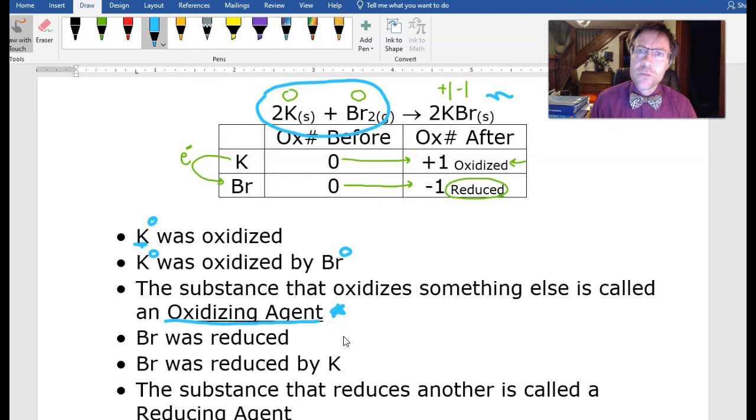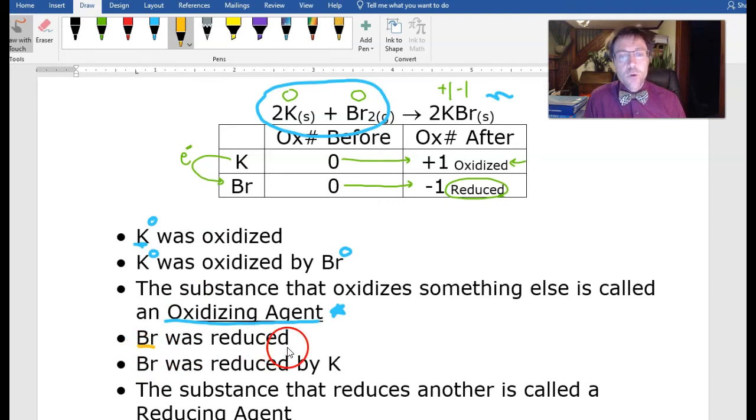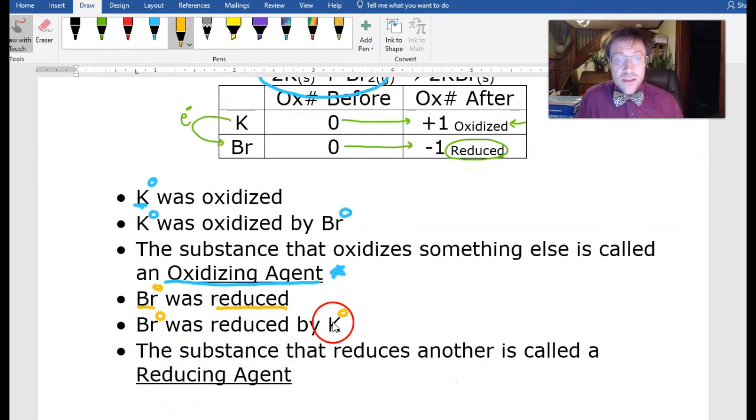And same thing for the reducing agent. You go through the exact same line of questioning. Bromine was reduced by who? Well, bromine 0 was reduced by potassium. So that means our potassium 0 is going to be our reducing agent because the potassium reduced the bromine.